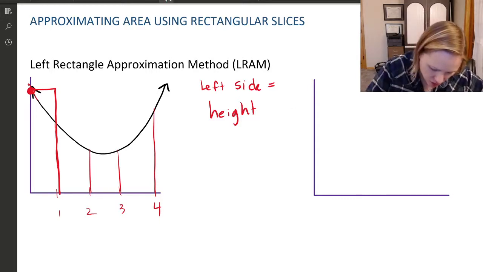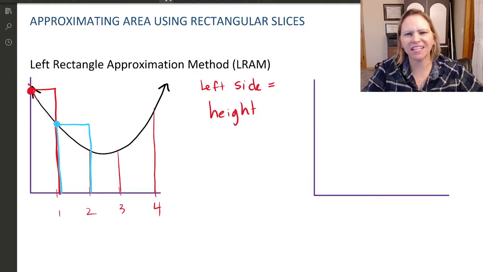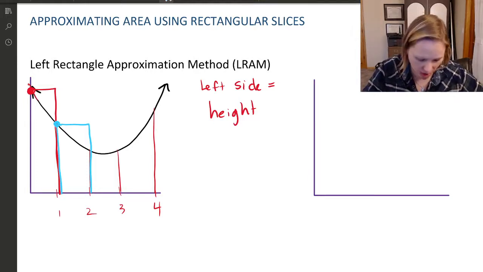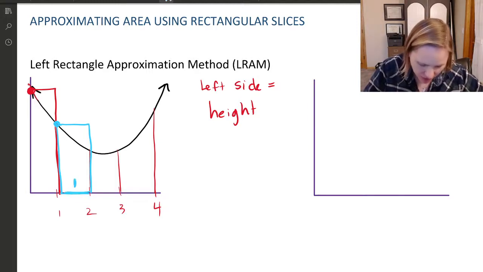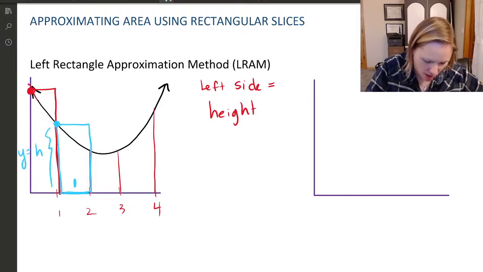The next rectangle, I would be using this y value, and I would draw this rectangle, and I'd find that area using the y as my height, and then the base would just be the distance along the x. In this case, one side would be 1, and then whatever the height, that would be the y value of the function.